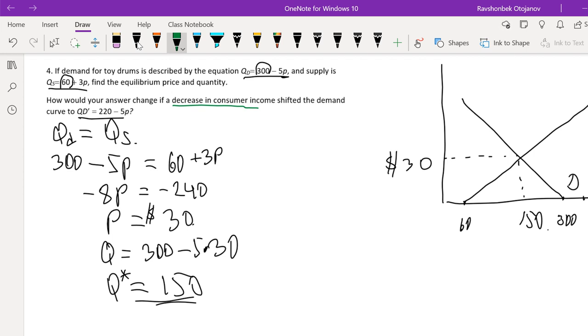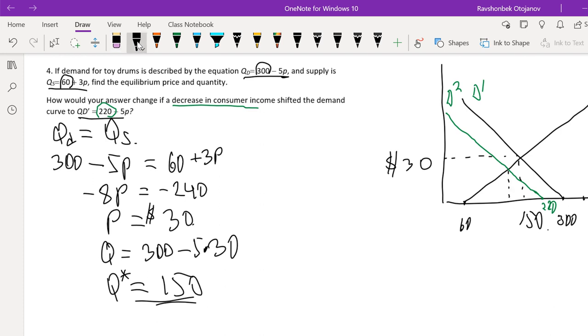So somewhere here is our new demand line crossing the quantity axis. So that's 220, and it's a parallel shift. This is D1, this is D2.